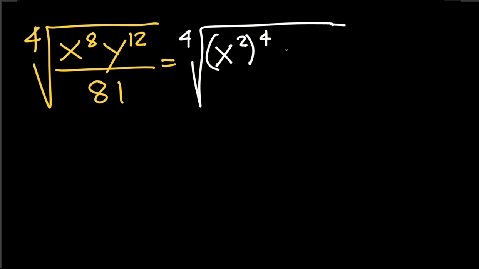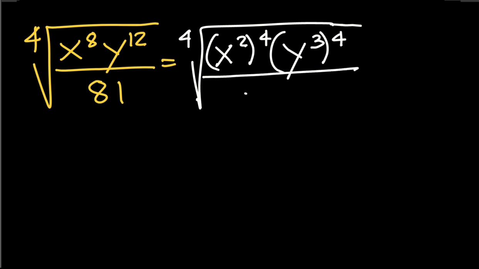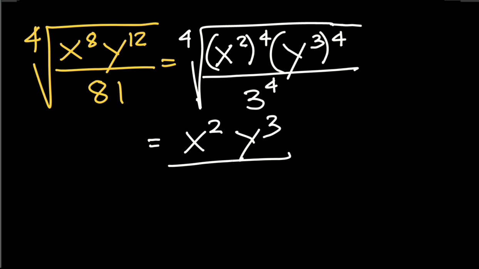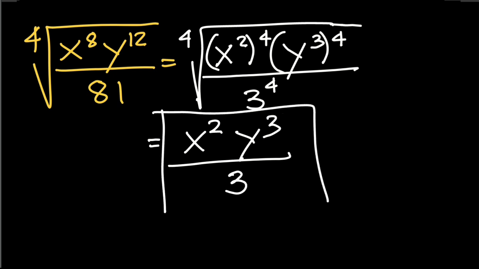Then y to the 12 can be written as y cubed to the 4th, over 81 which can be written as 3 to the 4th. Then we can simplify this. Fourth root of x squared to the 4th is just x squared. Fourth root of y cubed to the 4th is just y cubed. Then fourth root of 3 to the 4th is just 3. So this is our final answer.